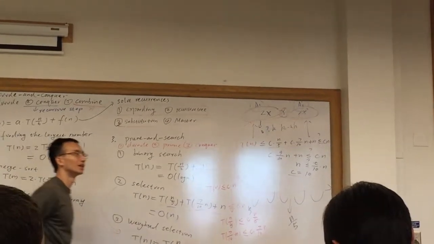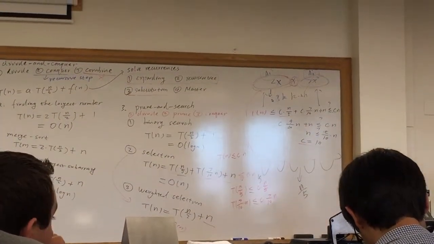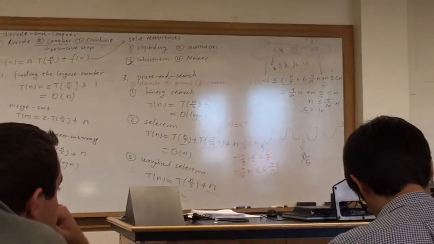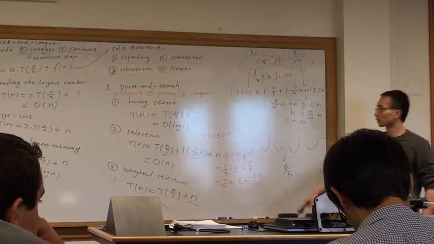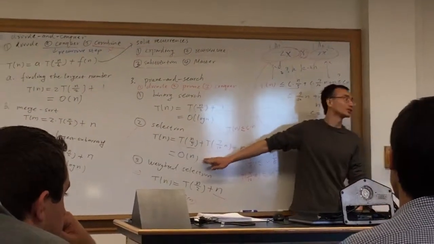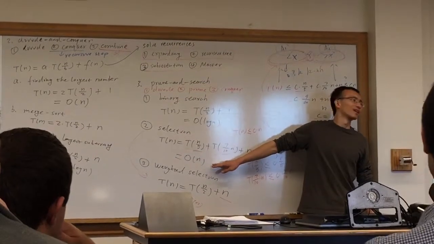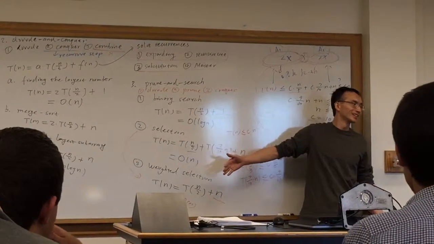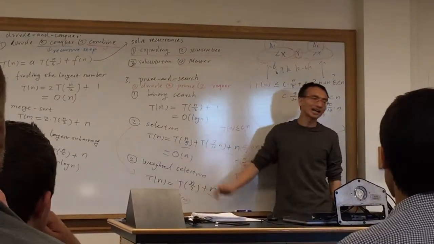This will only give you an upper bound though, right? Yeah, this substitution only gives you an upper bound. But for this problem, we know the lower bound is also n because the input size is n.